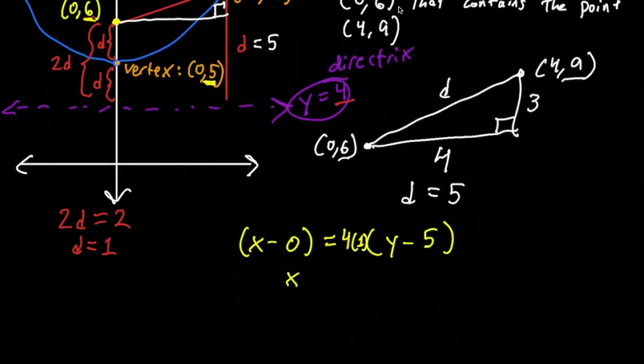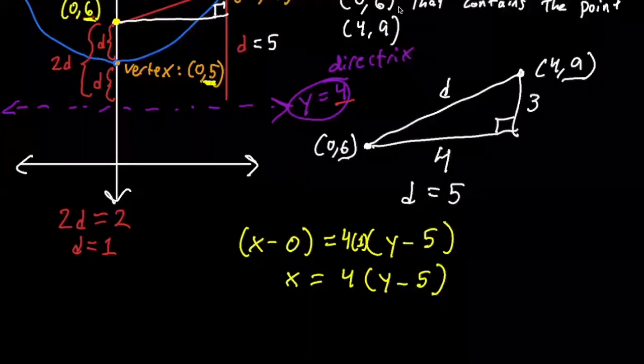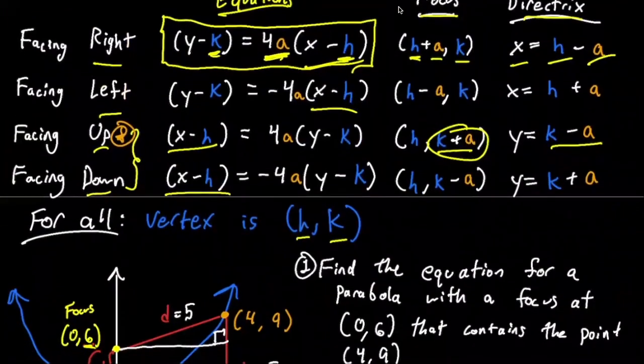In other words, we get x equals 4 times y minus 5. And the left side is squared. I think I made a mistake when copying these down. So the left side on all of these is going to be squared. So we should have squares all there, all on that left side. Otherwise, we end up with linear equations. This way we have quadratic equations if we were to expand it.